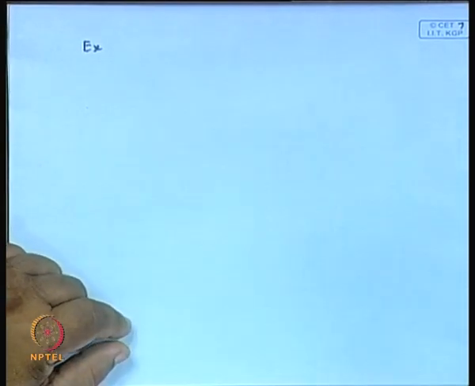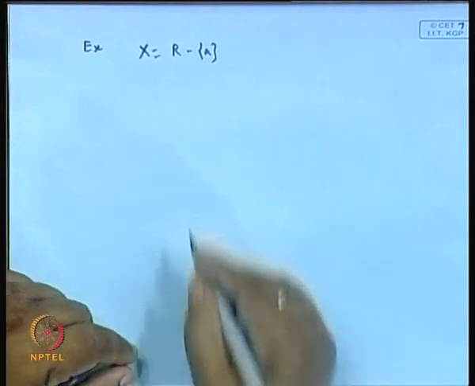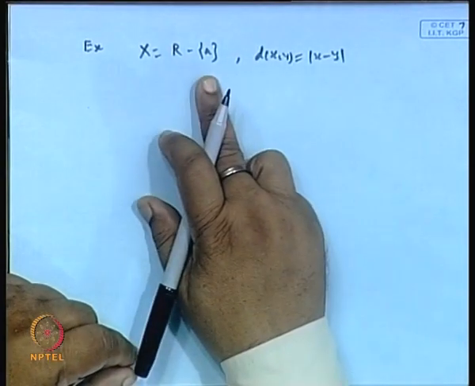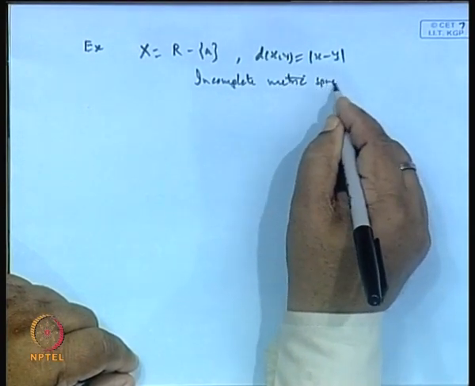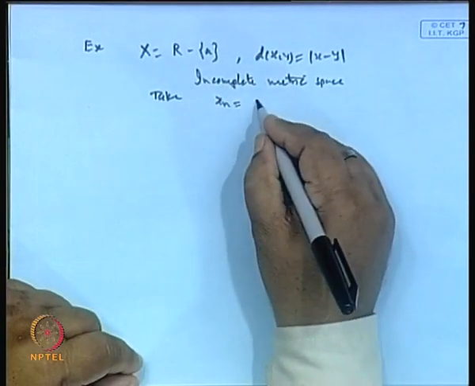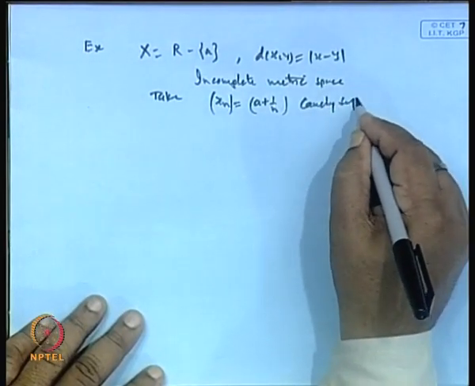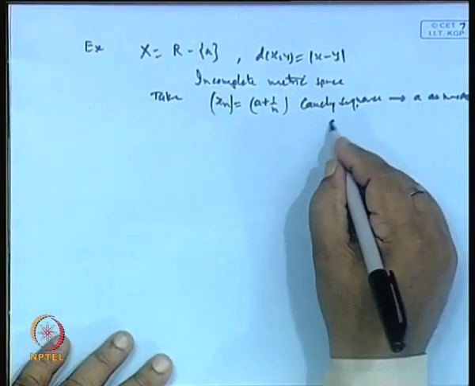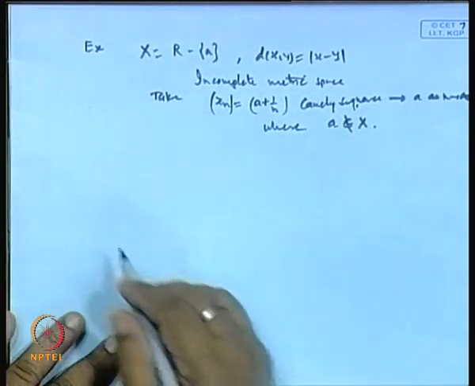If I take the space X to be R minus {a} and the distance d(x, y) to be mod of x minus y, then we see that this space is an incomplete metric space, because we can choose a sequence x_n of the form a plus 1 by n, which is a Cauchy sequence and converges to a as n tends to infinity, while a does not belong to the space X. So, it is an incomplete metric space.